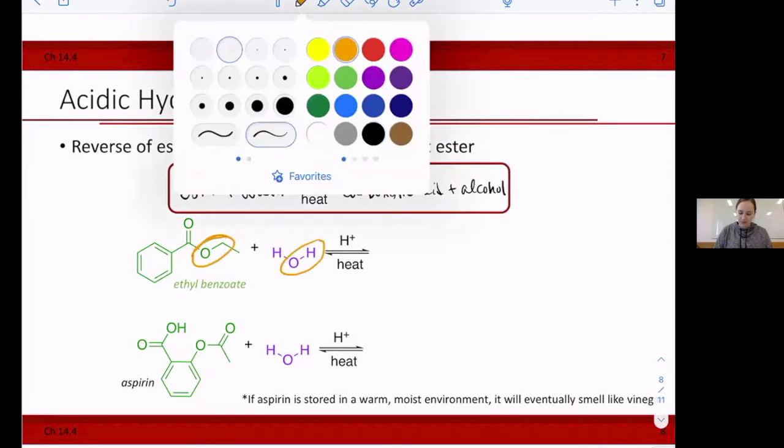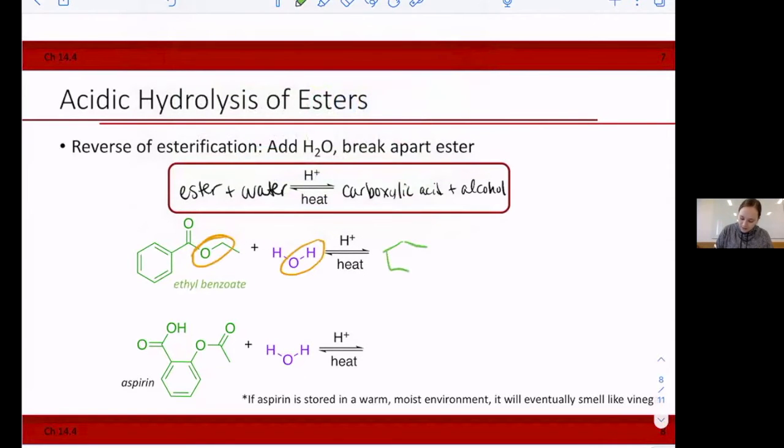So then we have our carboxylic acid and we have our alcohol. You can see that the green components were all together at first, and now they're broken up, and we have a carboxylic acid and our alcohol as well. So that's how it works. It's just the exact opposite.